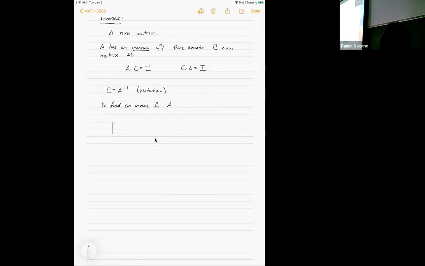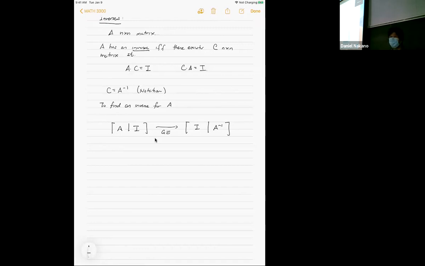So what we do is we start with A on this side, and we put the identity on the right-hand side. And then we perform Gaussian elimination to transform the left-hand side into the identity, and the right-hand side into A inverse. So you apply Gaussian elimination, transform A into the identity, and out will pop the inverse on the right-hand side.